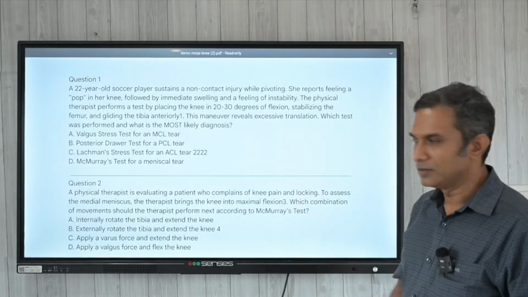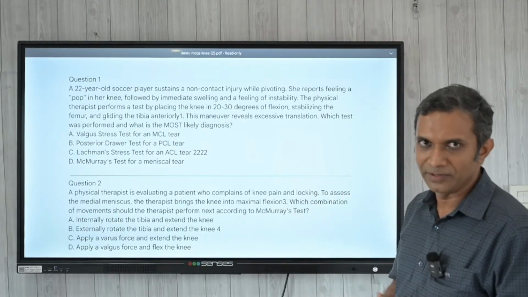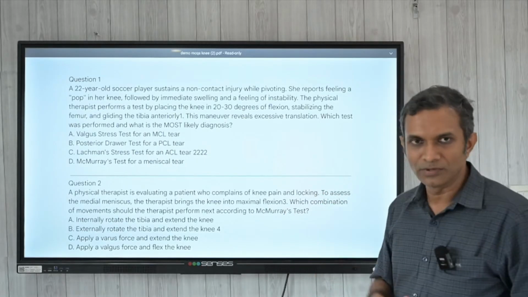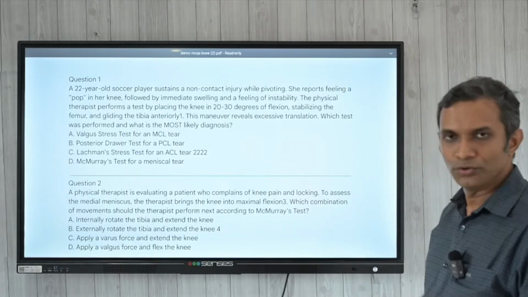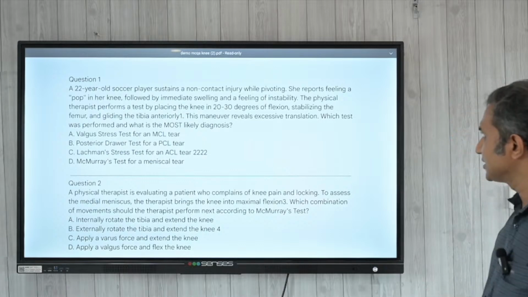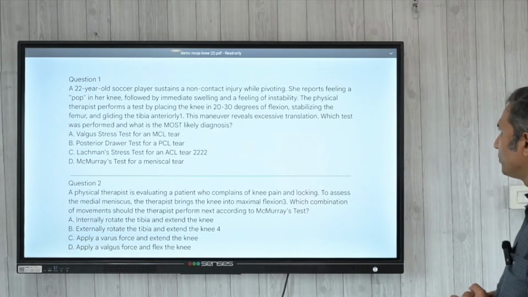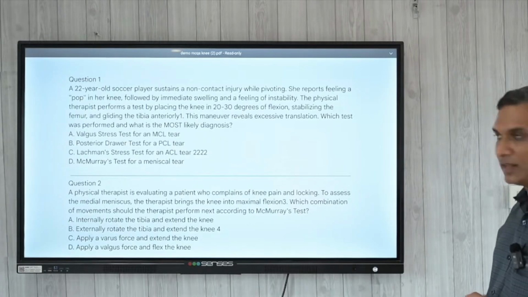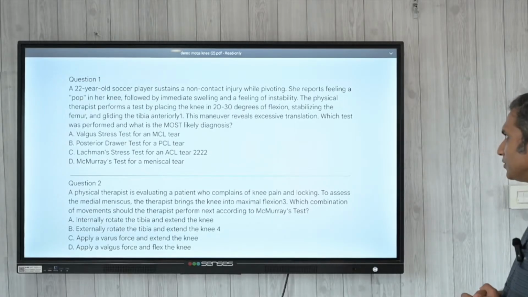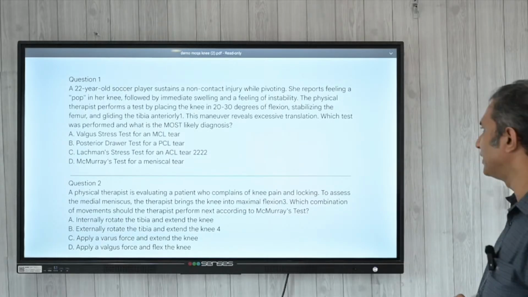Question number 1. So let me read this. I hope your notebooks and notepads are there with you so that you can jot down the correct option. A 22-year-old soccer player sustains a non-contact injury while pivoting. She reports feeling a pop in her knee, followed by immediate swelling and a feeling of instability.